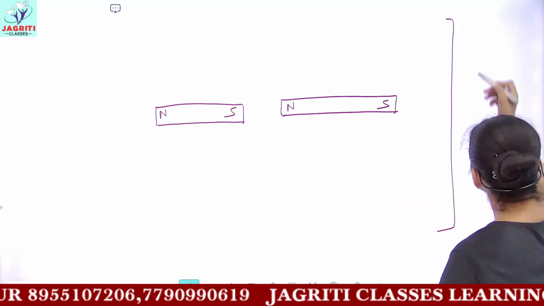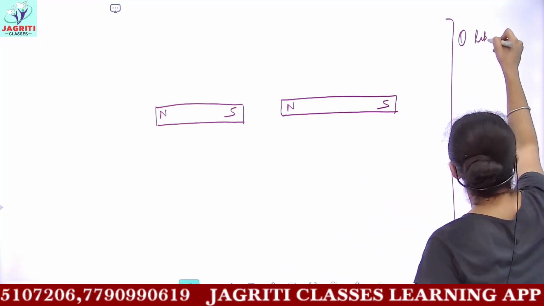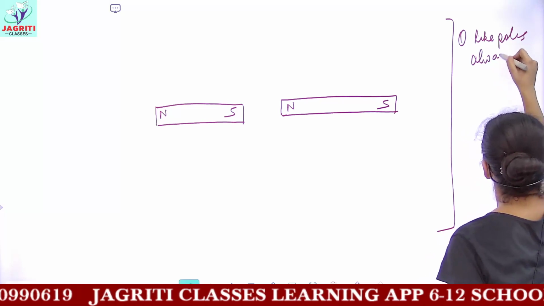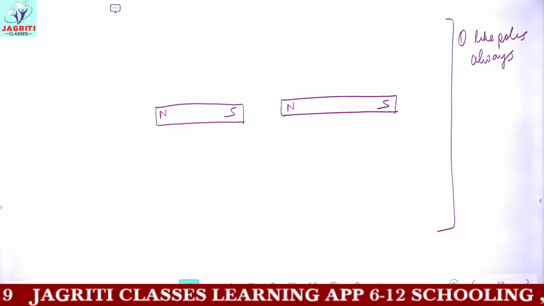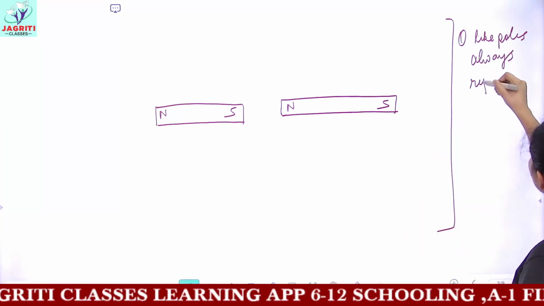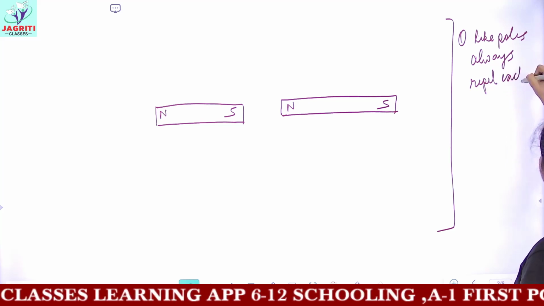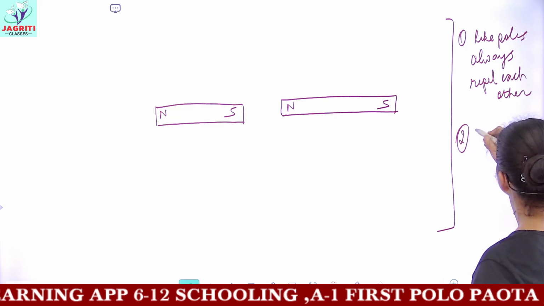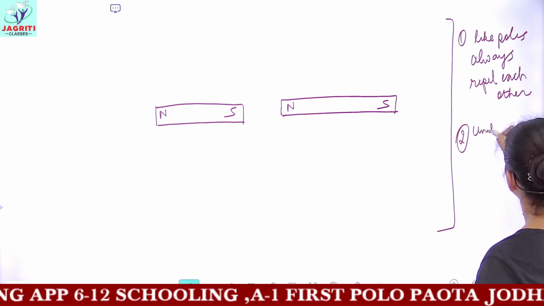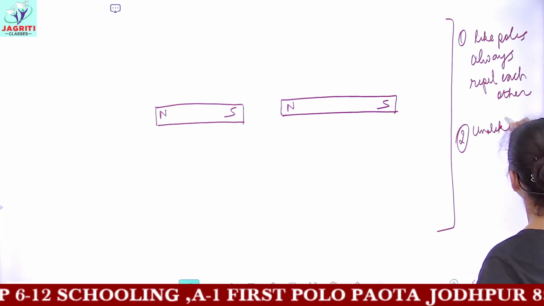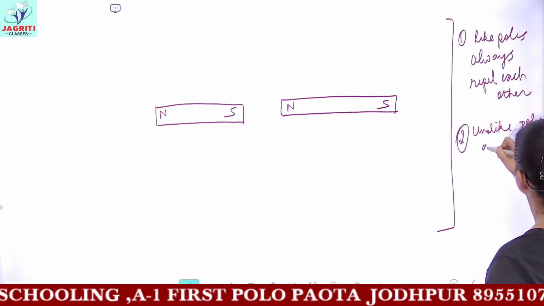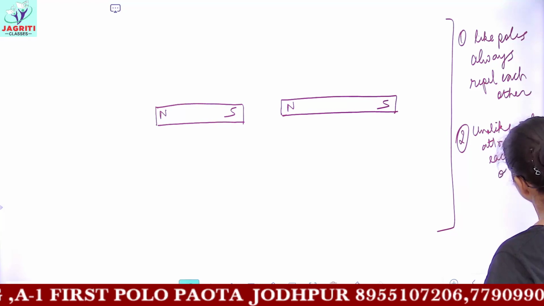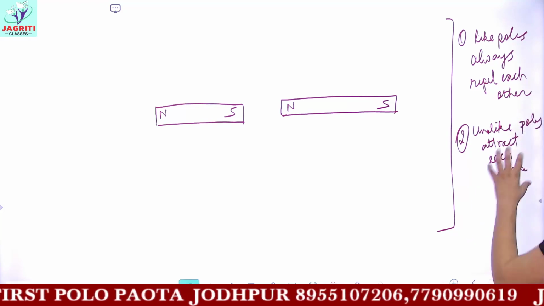Like poles repel each other, and unlike poles attract each other. So these are the two conclusions.